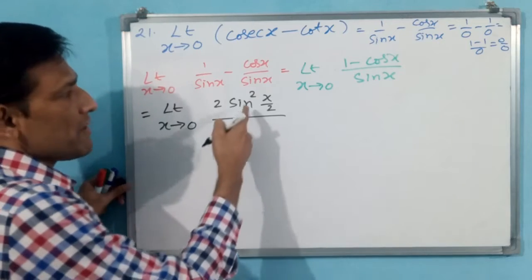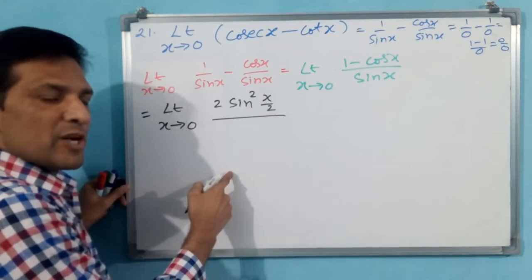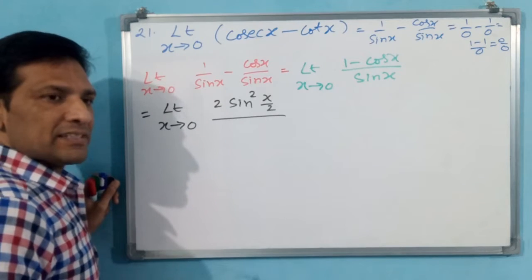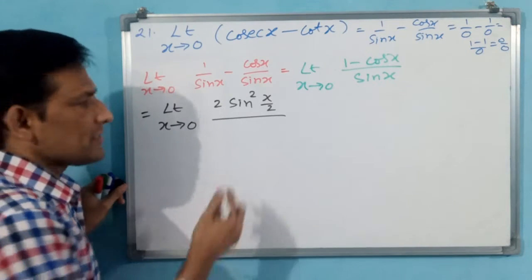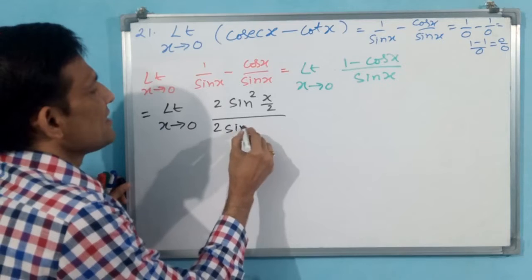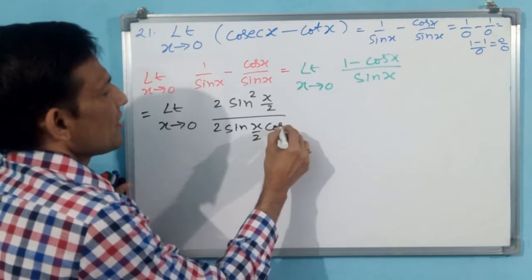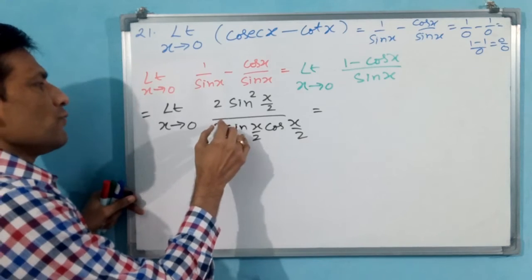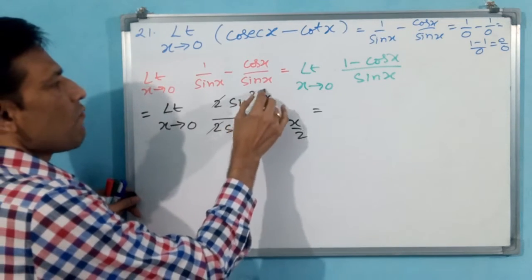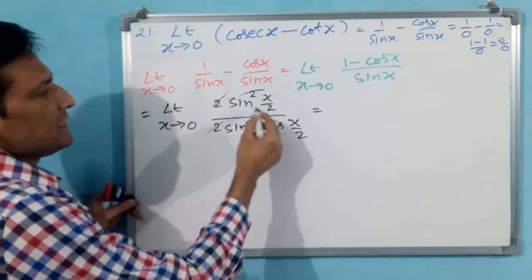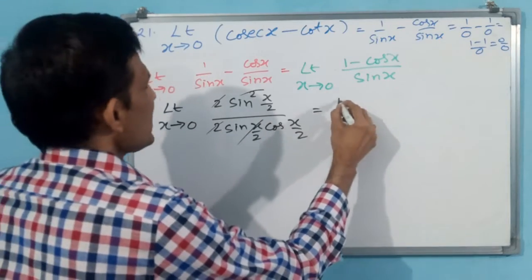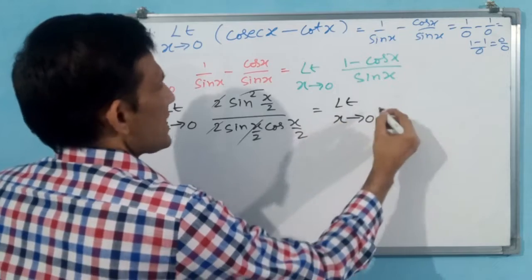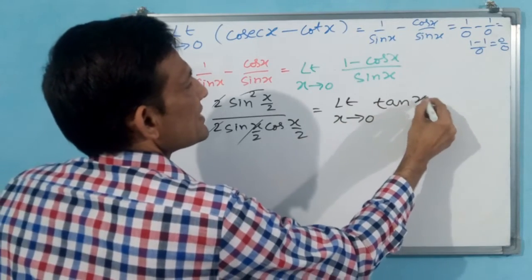When the numerator is in half angle, the denominator also you have to make half angle. Sin 2a is 2 sin a cos a, so sin a is 2 sin a by 2 cos a by 2. Write it down. That's all. 2 is going to get cancelled, one sin is going to get cancelled. Then sin by cos, what are you going to write? Limit x tends to 0, sin by cos, tan x by 2.